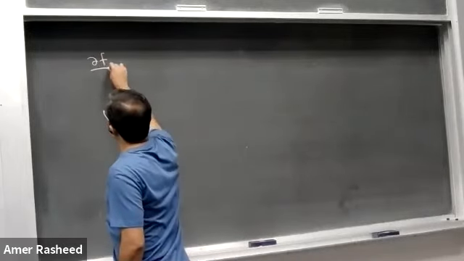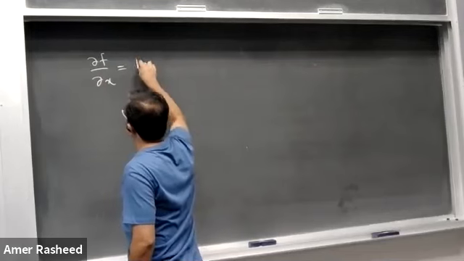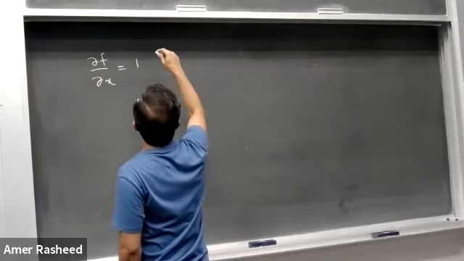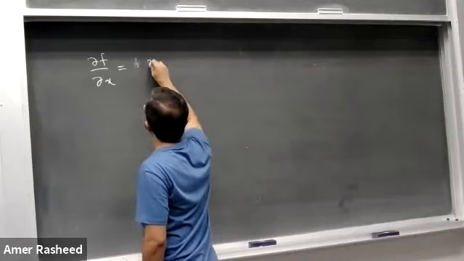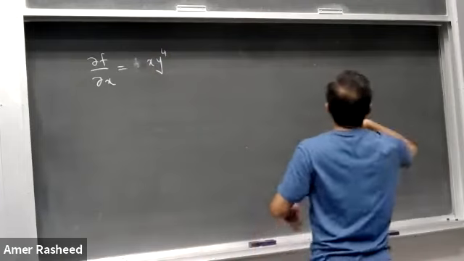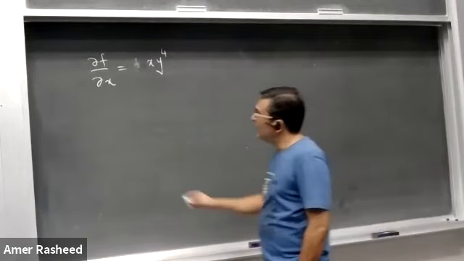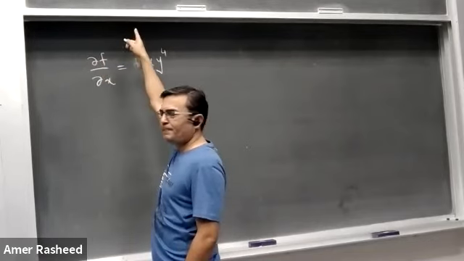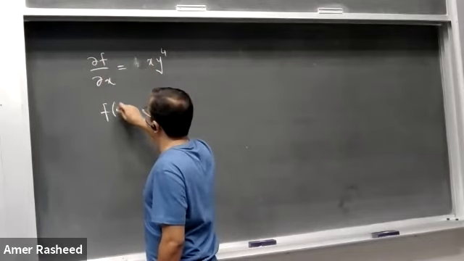Partial f over partial x is M. What was M? x^3. Yes. Now, in fact, this f is a function of x y originally.